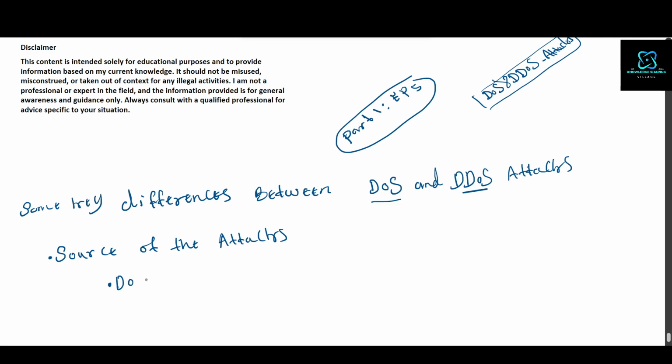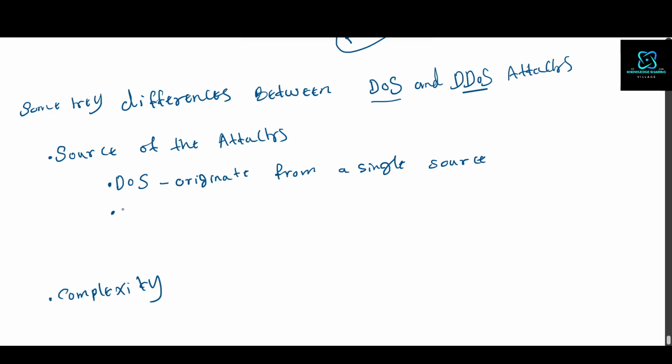In denial of service attack, we have learned that the attack originates from a single source, but when it comes to distributed denial of service attack, the attacks come from multiple sources.